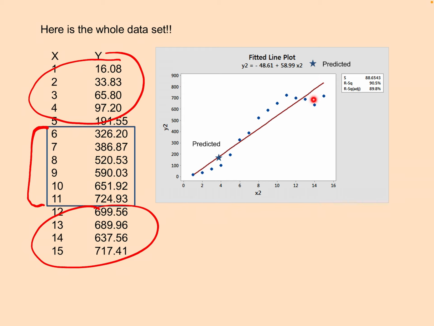It predicted here, when in reality the data does this. That is way overestimating whatever the value of y is. Our predicted value down here falls on the regression line, but you see that the data points are actually below that. So this is why you don't extrapolate, you don't predict outside the range, because you don't know what's going on outside the range of your data.